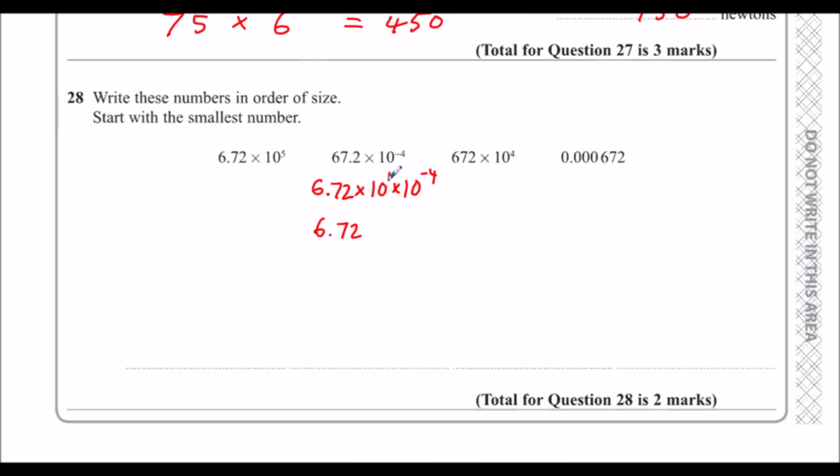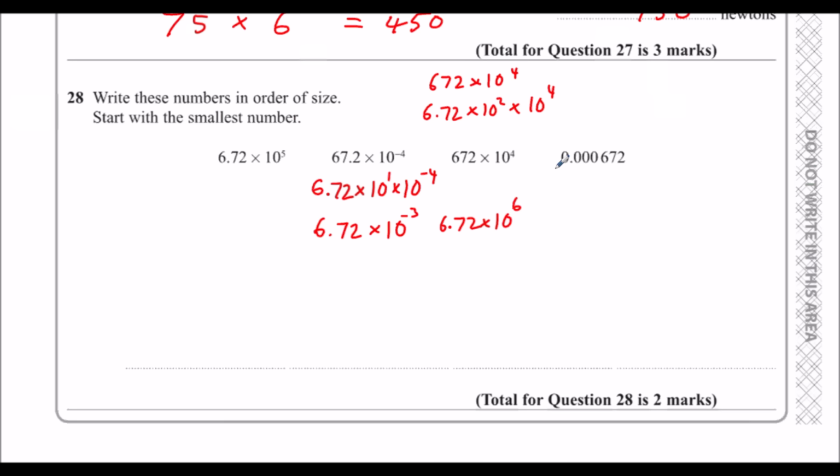So we've got 1 plus -4, which is -3. 672 times 10 to the 4 is the same as 6.72 times 10 squared times 10 to the power of 4. Again, when we multiply indices, we add the powers. So that's 6.72 times 10 to the power of 6.